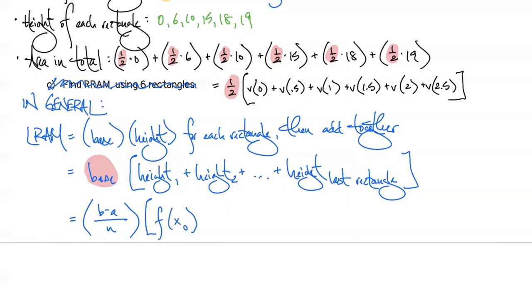very first y value. Okay, this is for the left approximation. So we start with the first one. The next one will be f of x sub 1. Let's skip a few. We're going to stop at f of x sub n minus 1.